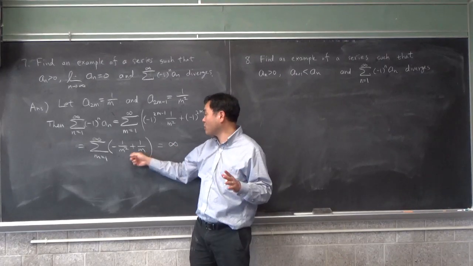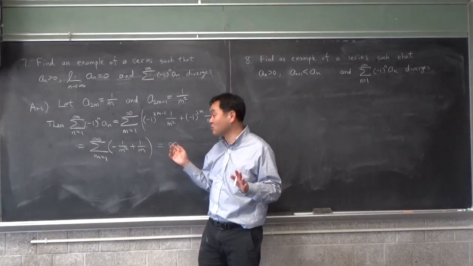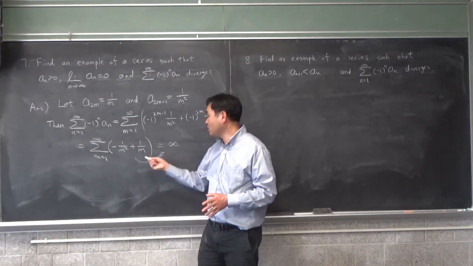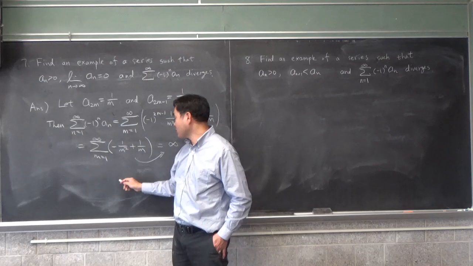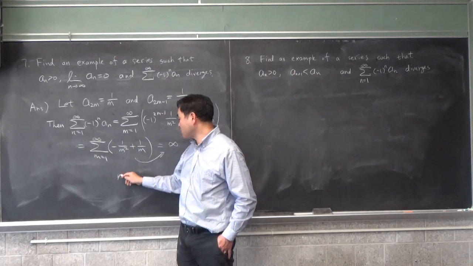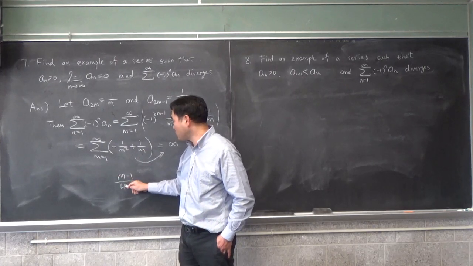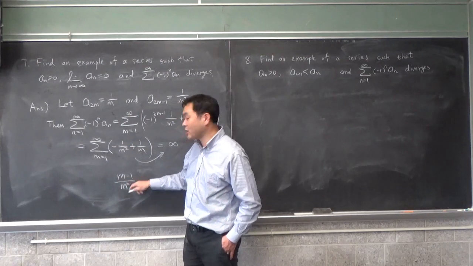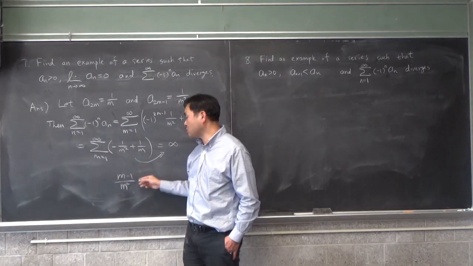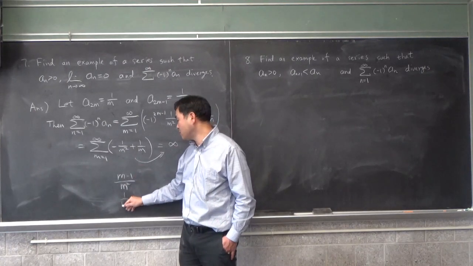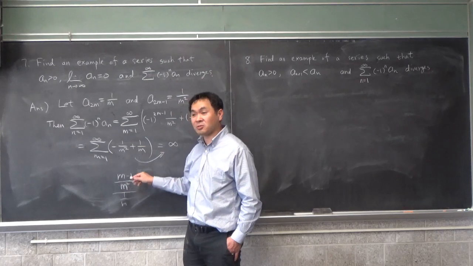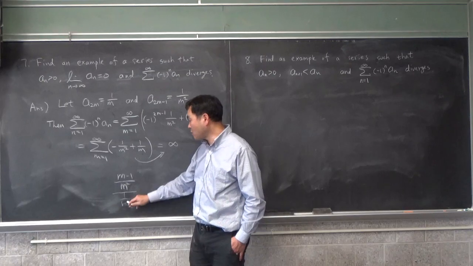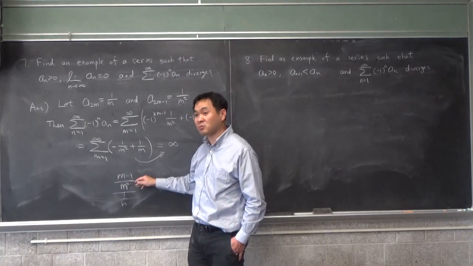The correct way to prove it is to rewrite this as m over m squared minus 1 over m squared, so this is m minus 1 over m squared. If you put these two fractions into one, this is what you get, and then you do the limit comparison test with 1 over m, because this limit goes to 1. And because the sum of 1 over m diverges, this sum has to diverge as well.